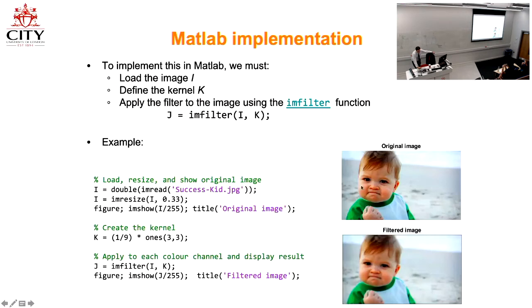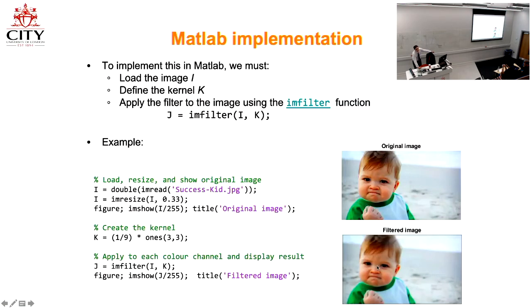And then show the original image, and then create a kernel. I say k equals 1 over 9 times ones(3,3). So ones(3,3) generates a 3 by 3 matrix, which is all 1s. And then I'm multiplying it by 1 over 9. Right? And then I say imfilter(I, k).